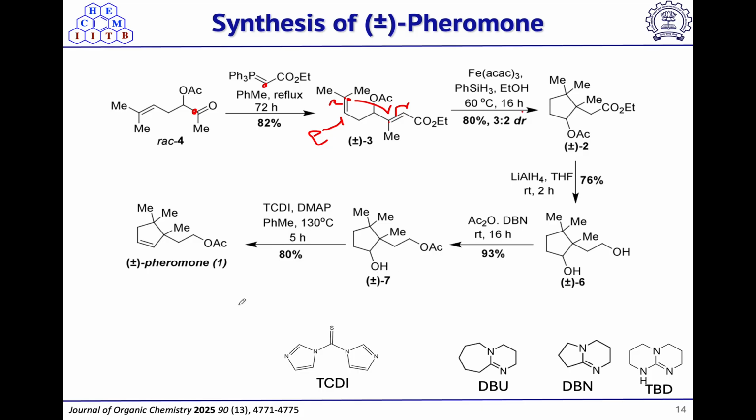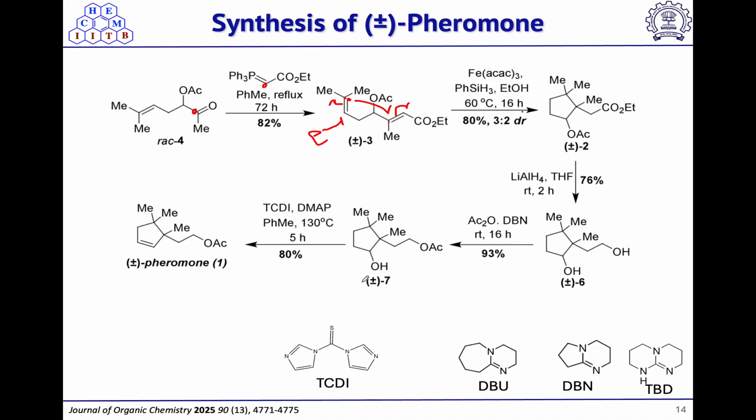The next step is the last step to get this plus minus pheromone. What is this thiocarbonyl diimidazole? TCDI, DMAP, toluene, 130 degrees centigrade, 5 hours. What will happen basically?